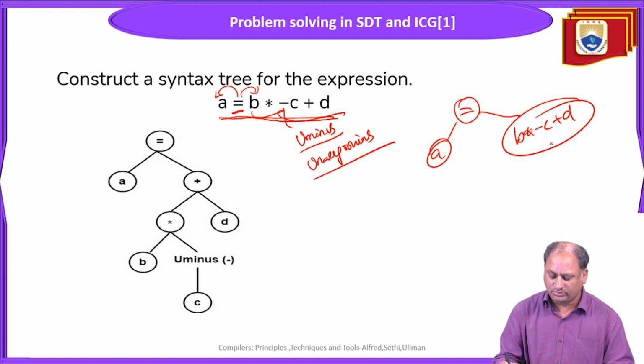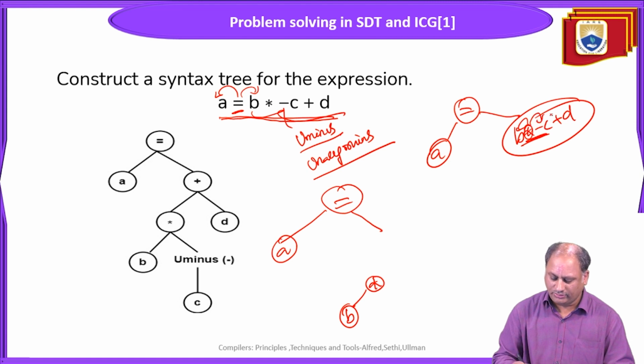Now this is to be expanded. First, b star unary minus c: the star is expanded with b on its left, and to its right unary minus with c.